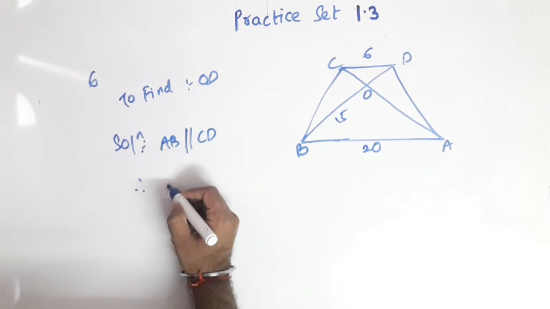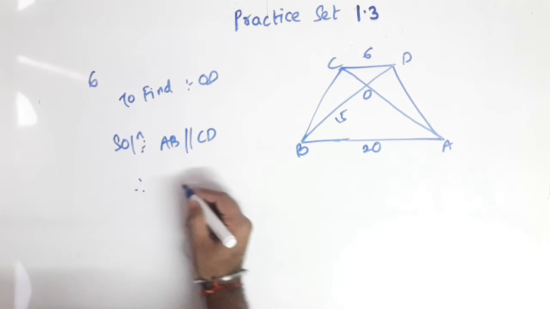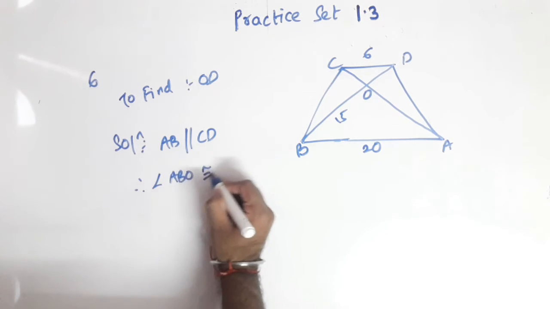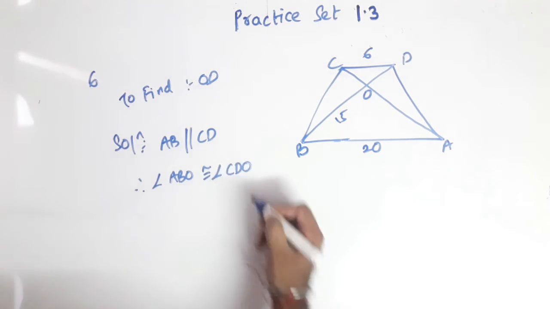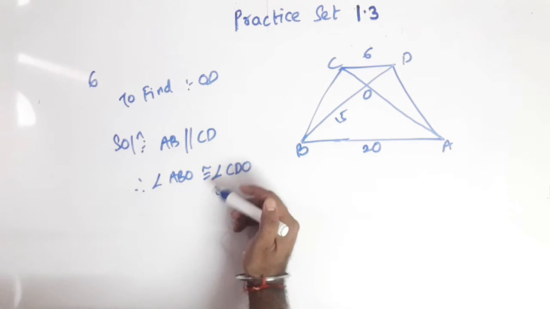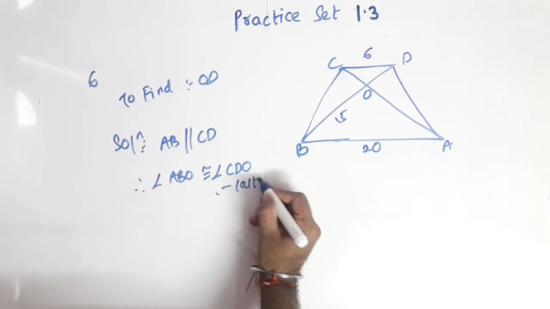Therefore, I'll write angle ABO is congruent to angle CDO. Okay, now I'll write this alternate angles.